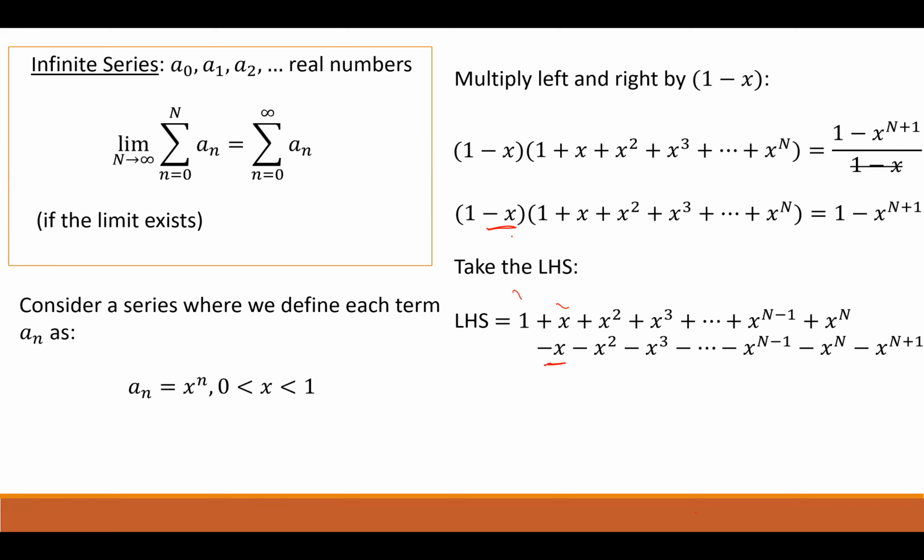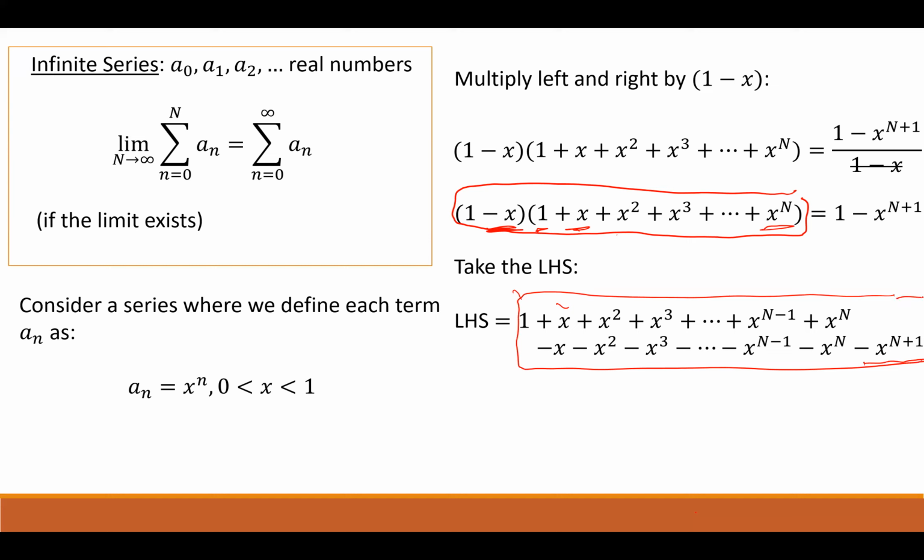And that's where I get, so negative x times 1 is negative x. Negative x times x is negative x squared. Negative x cubed, etc., all the way to negative x times x to the power big N, which gives me negative x to the power big N plus 1. Okay, so what I've done is I've taken this left-hand side here, and I just expanded it out, and I drew it on 2 different lines, but that's it.